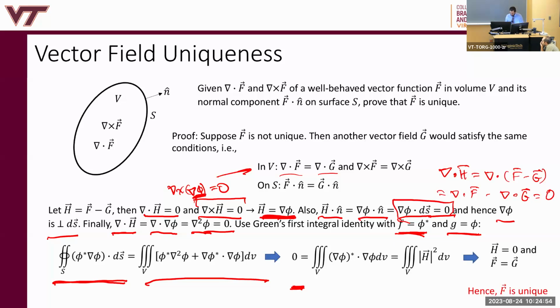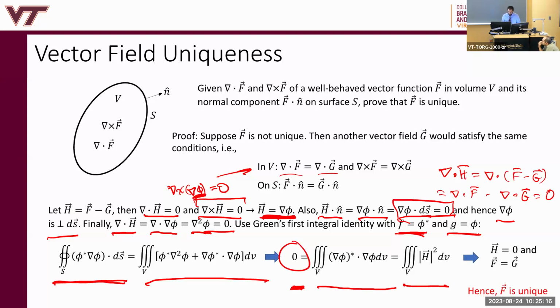The right side, if you work all this out, you get the gradient of phi conjugate dotted with the gradient of phi. And we know from arithmetic rules of complex numbers that a conjugate dotted with a is the magnitude of a squared. So the magnitude of H squared dv is equal to 0.